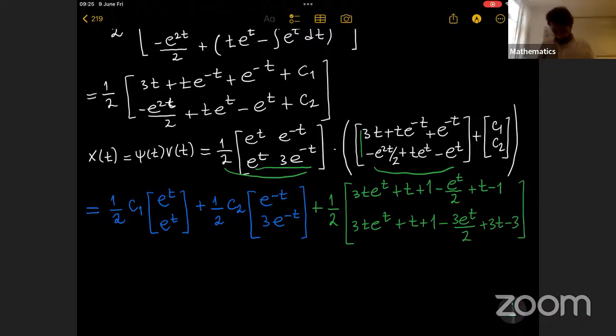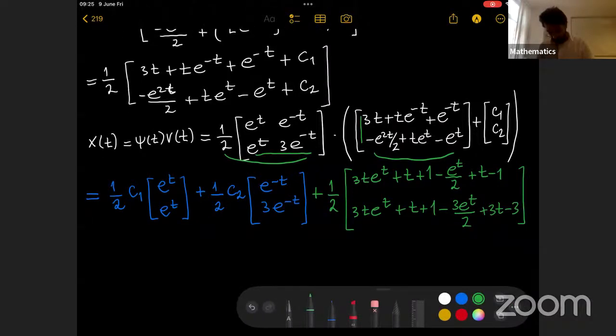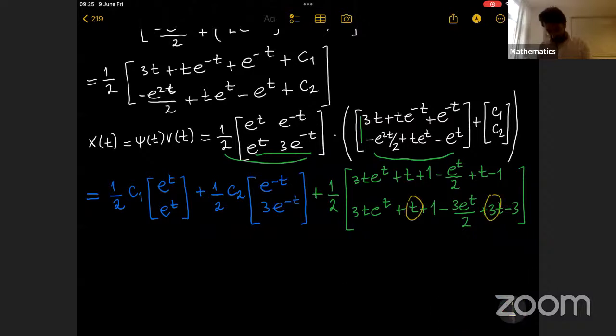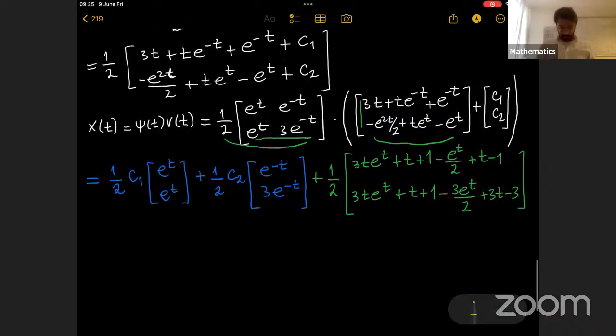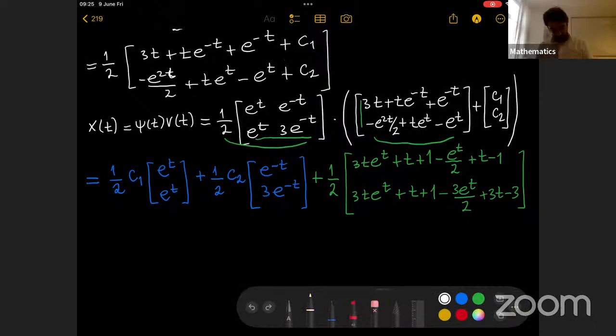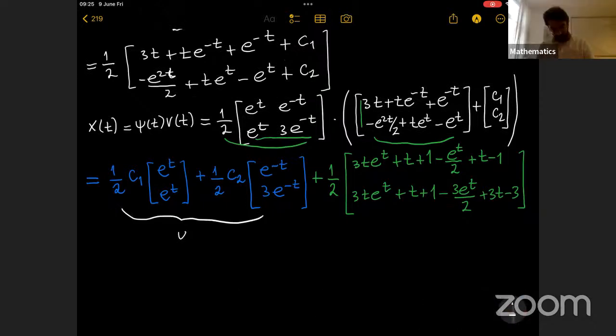You can, for instance, take instead of 3t plus t, write 4t, right? But you don't need to, you can leave it like this. And here, we don't need to, but let's highlight: this is the homogeneous part, and this is the particular solution. It's one of the solutions of the non-homogeneous equation, right? And the sum gives you the general solution.